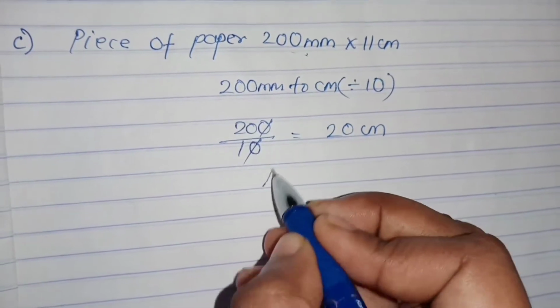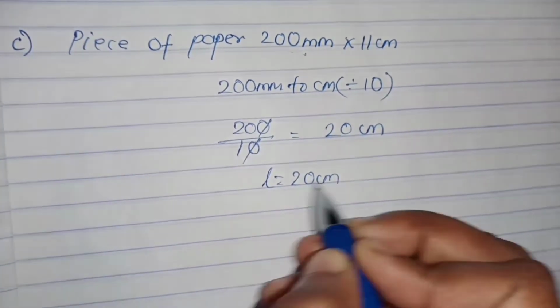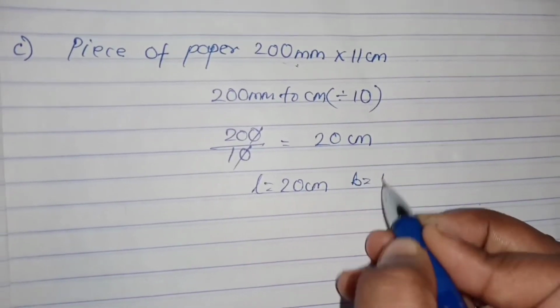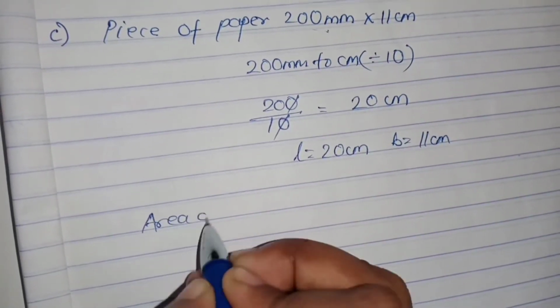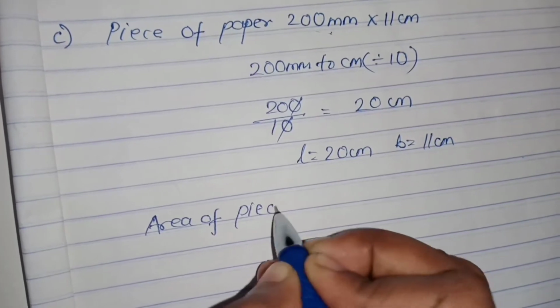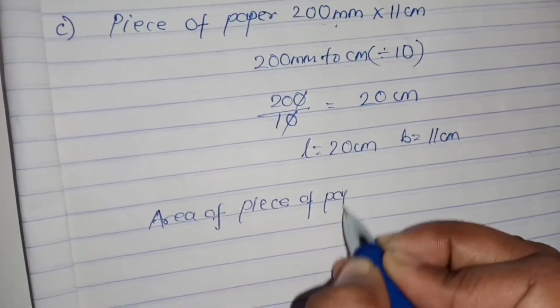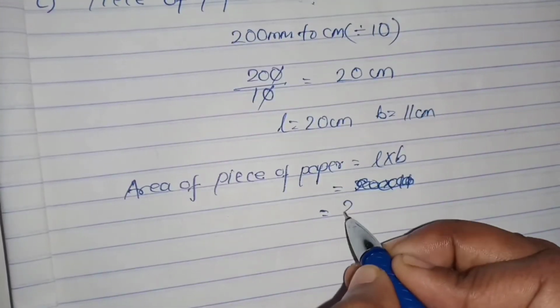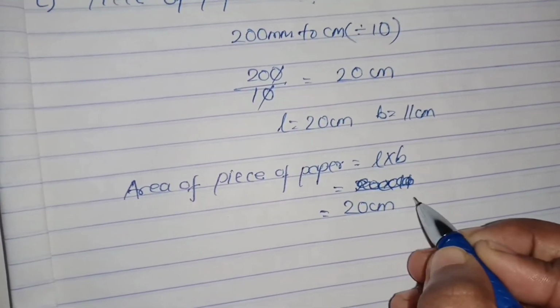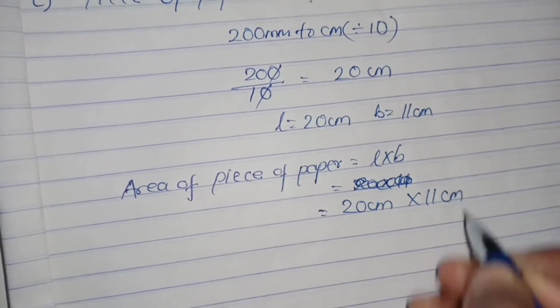So length is now how much? 20 centimeter, and breadth is how much? 11 centimeter. Now area of piece of paper is equal to length into breadth, means 20 centimeter into 11 centimeter.